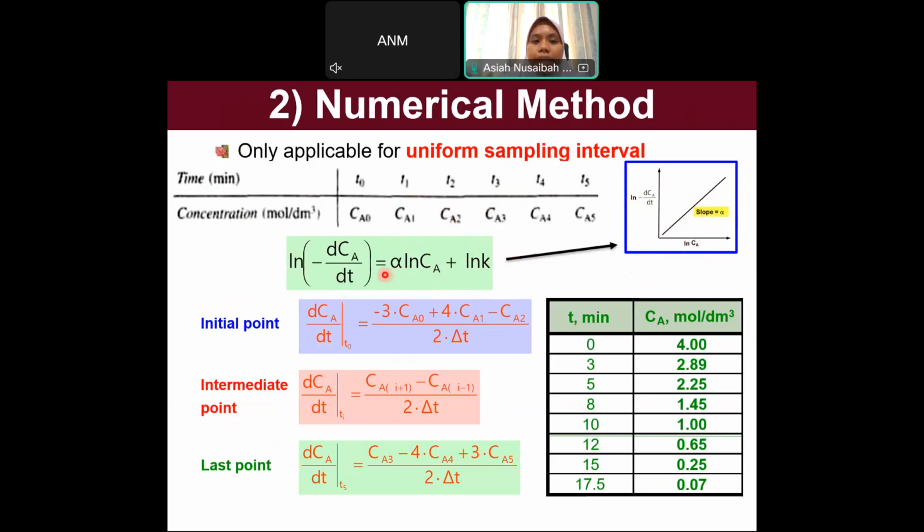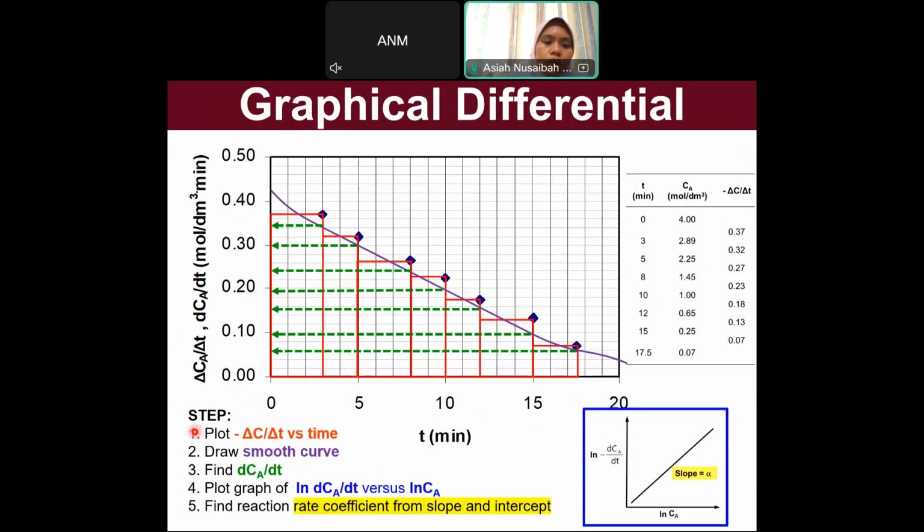So instead of finding minus dCA over dt through the graphical method, we find this minus dCA over dt through numerical method. So that's the difference. So steps 1, 2, 3 will be replaced with numerical method, but steps 4 and 5 will be continued as usual.